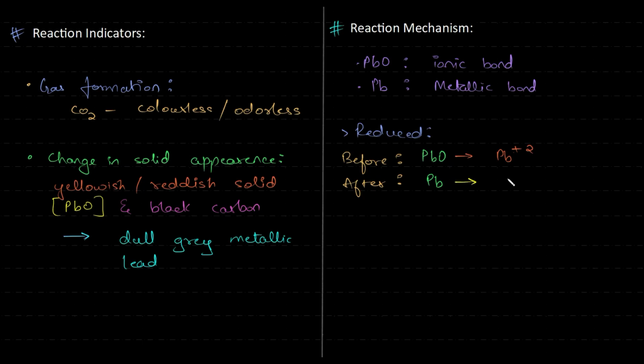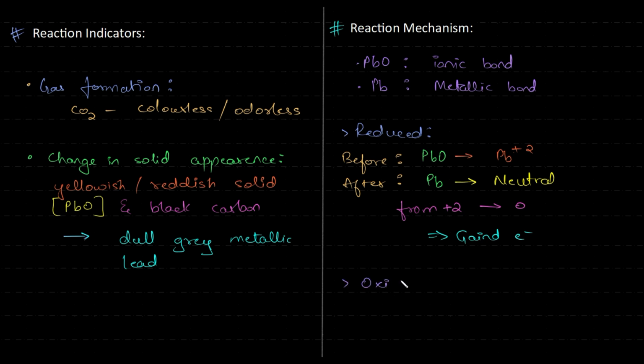And over here, it is 0. Is it not? So this is neutral. So it moved from plus 2 to 0, which means it gained electrons. So lead was reduced.